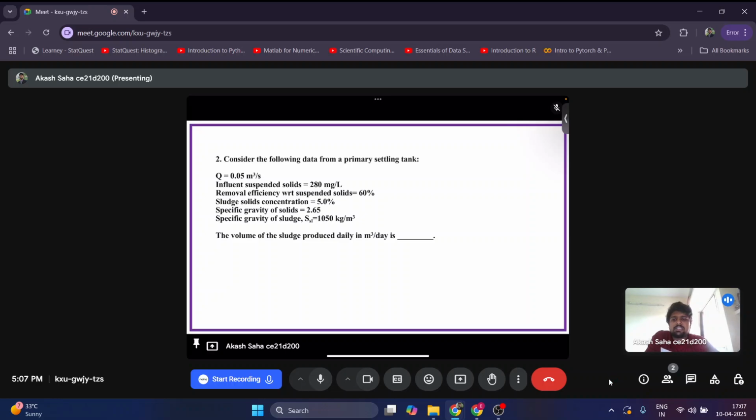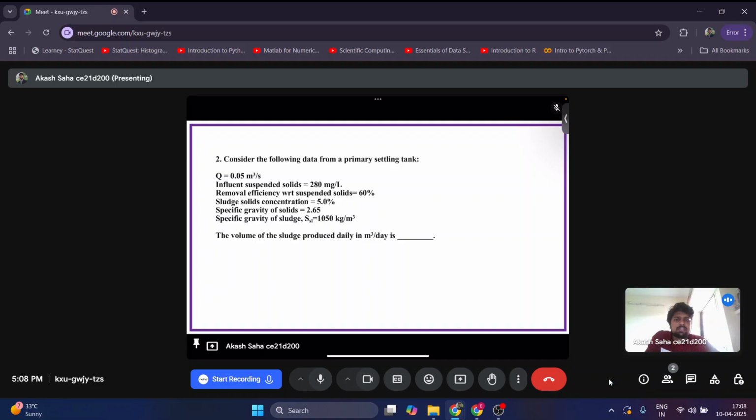The sludge solids concentration is 5%, and the specific gravity of solids and the sludge is given. Actually the density of the sludge is given, and the volume of the sludge produced daily in meter cube per day is asked.